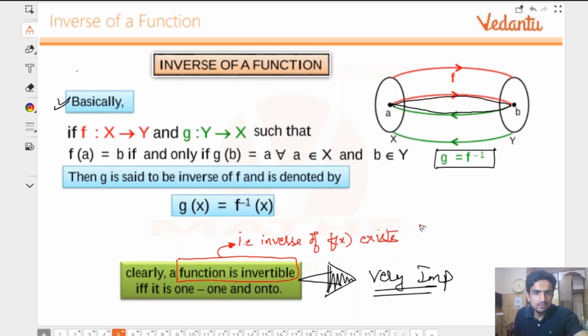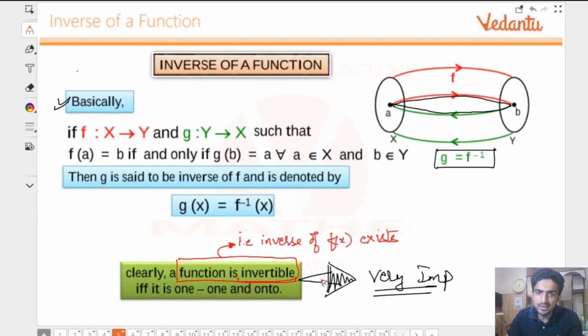Please write this statement in your copy. It's a very basic statement, but almost every student forgets it when it comes in question. And the problem is not the condition 1 1 and onto, it is this term invertible. This term particularly confuses students.